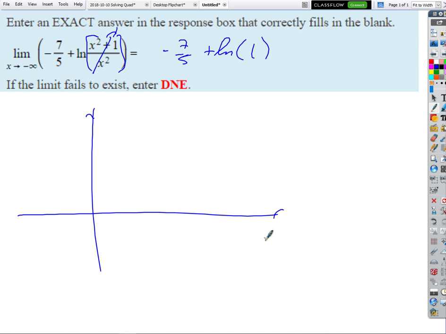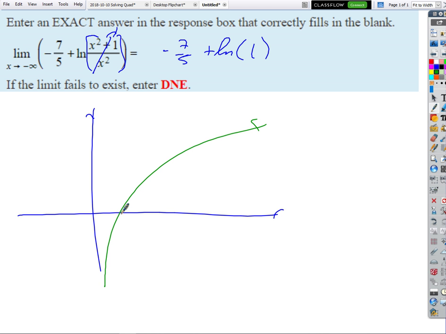So a log function grows more and more slowly as x increases, right? So it's going to go up from negative infinity, right? It's asymptotic on the y-axis.